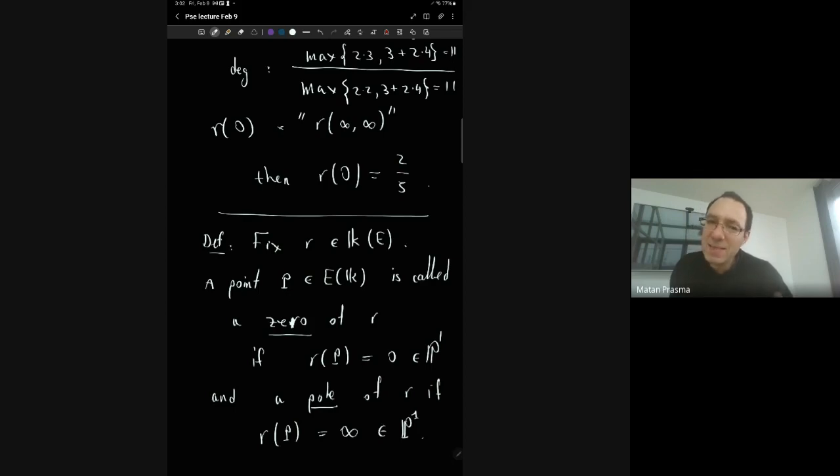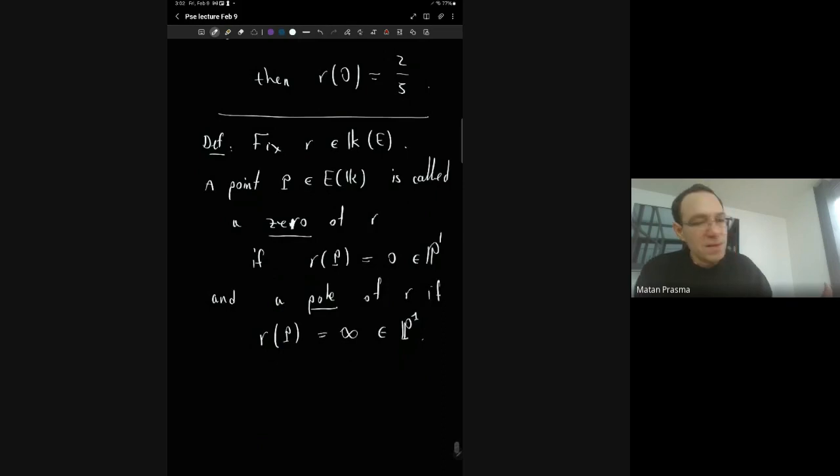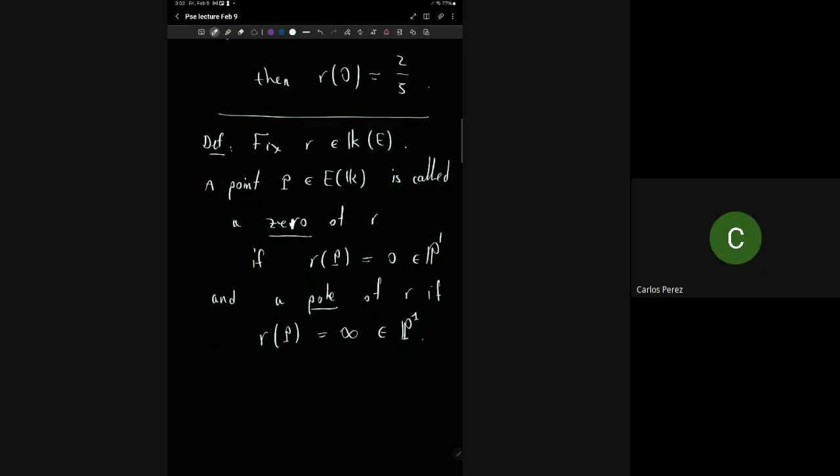But I thought it would be too much of a detour. So for us, we have a natural notion of zeros and poles of a rational function, and we'll just take it from there. Fair enough. Makes sense. Thank you.